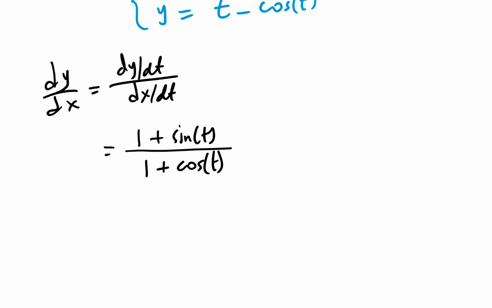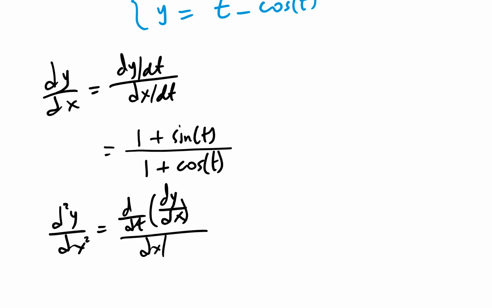Now the second derivative: d/dt of dy/dx, divided by dx/dt. So for the derivative of the one we just found, we use the quotient rule.